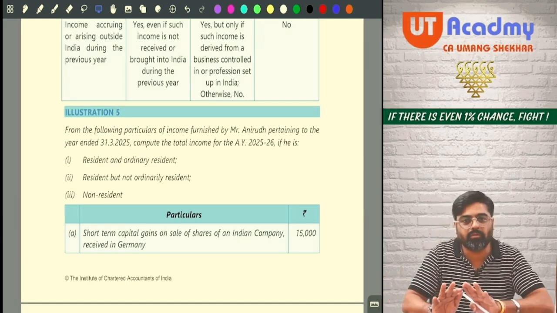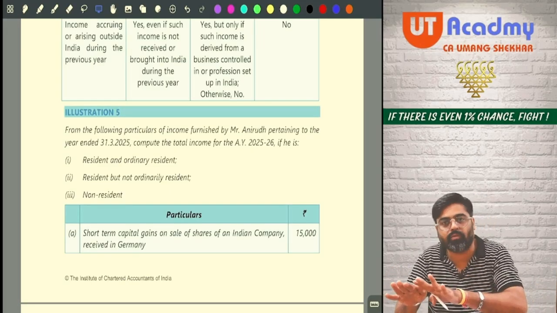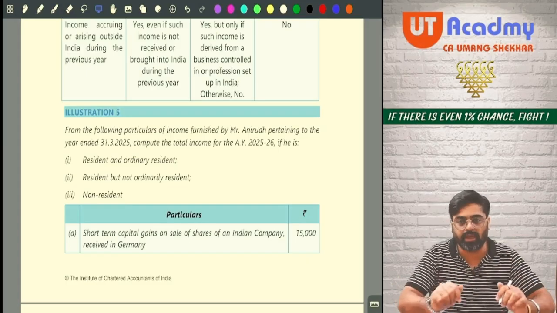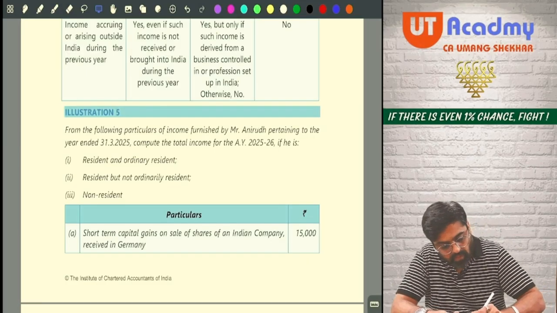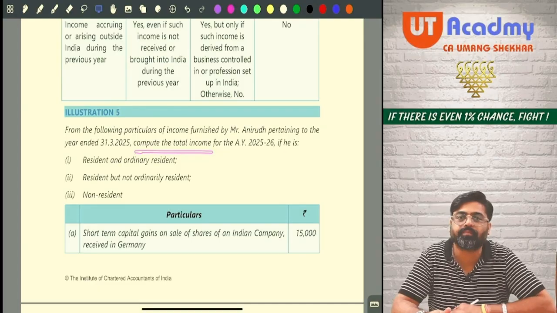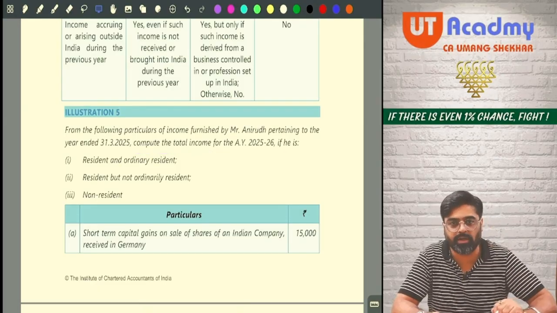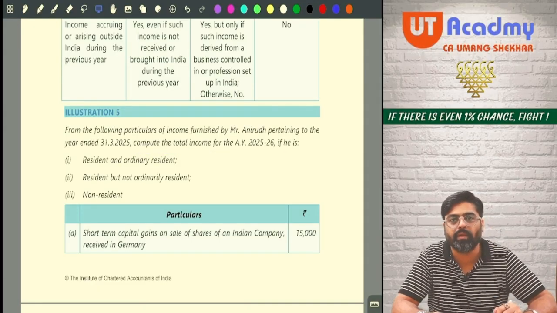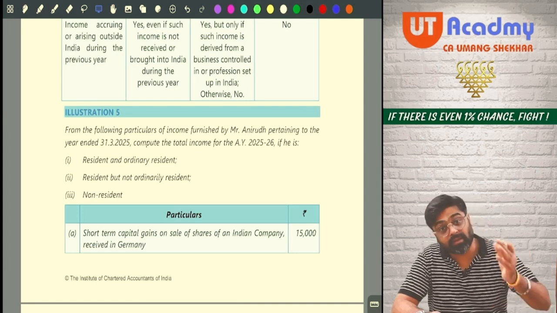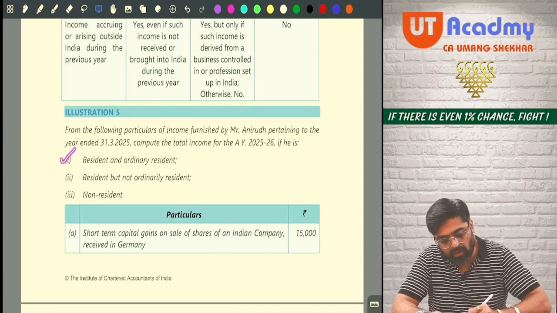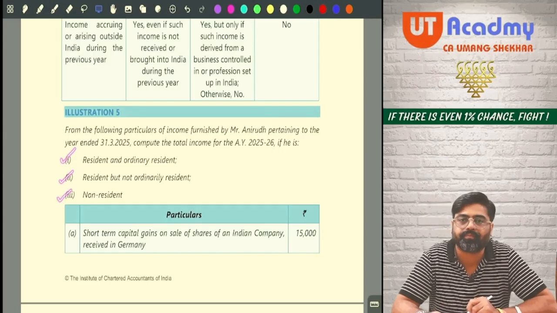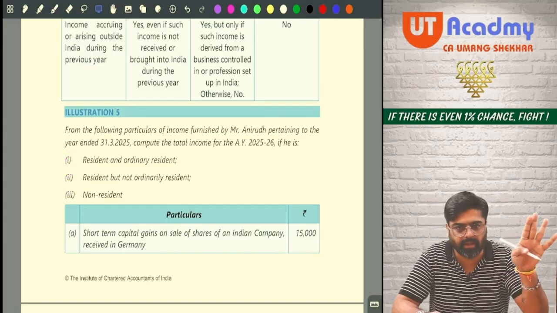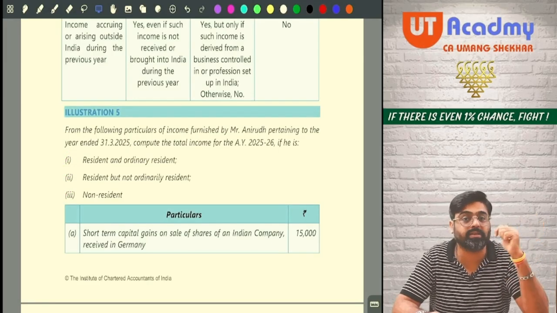From these incomes which he has earned in the previous year 24-25, you are supposed to compute his total income, assuming that his residential status is ROR, RNOR and NR. It can be any of the three. What if his residential status is ROR?